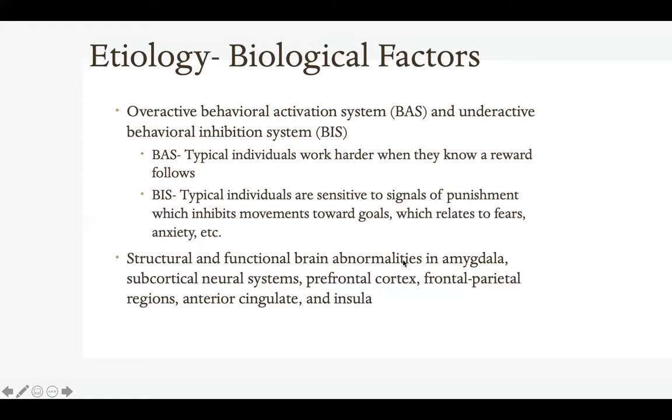We could talk about some subcortical neural systems. Now, if you don't know what subcortical means, it's kind of like a deeper level or a deeper layer in the brain. So specifically the subcortical neural systems, for them, it does impact their moral reasoning and perhaps even their behavior. Okay, the prefrontal cortex is known a lot for the higher order processes of thinking, such as decision-making circuits, social and emotional information circuits.